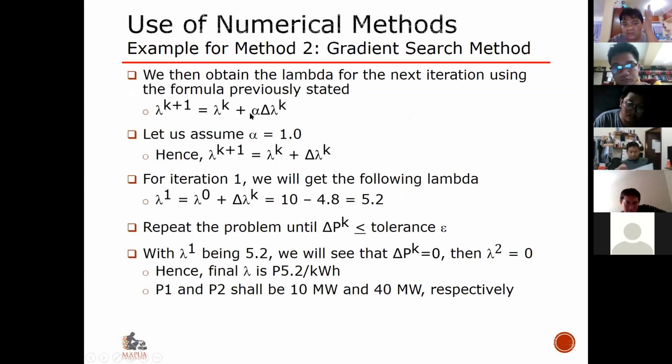Now, ano ba tong alpha na to? Yung alpha is used as a sensitivity value para hindi drastic yung change. Kasi minsan sa mga numerical methods, pagka kunwari, okay, pag sinabi mong yung ngayon 10, sabi nung delta lambda mo is, magbawas ka ng 5. Bumawas ka. So, sabi natin, bawasan natin, wag naman saktong 5.